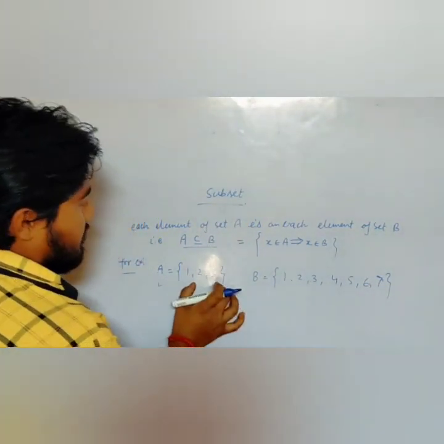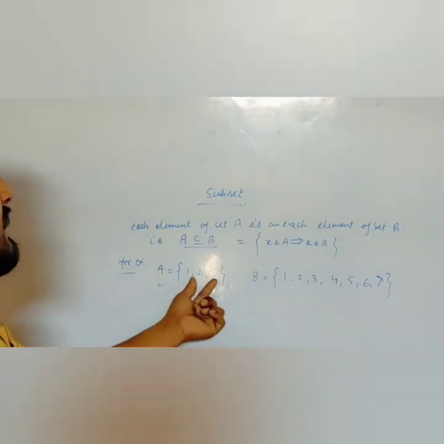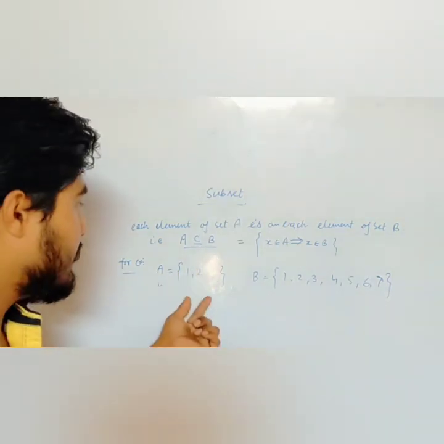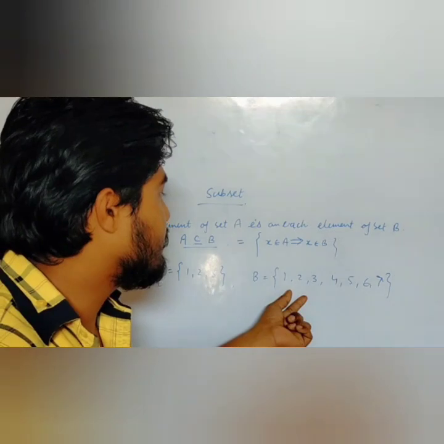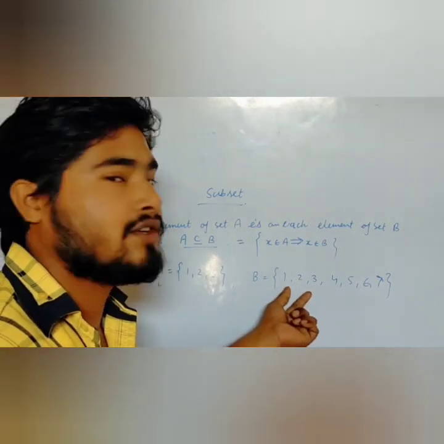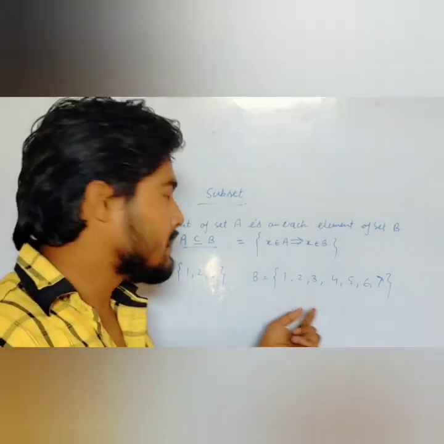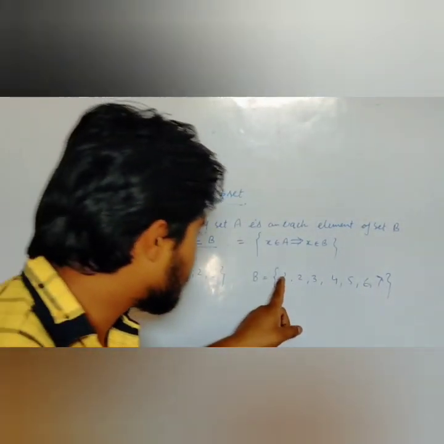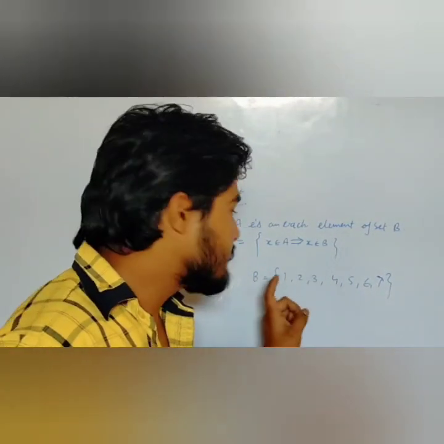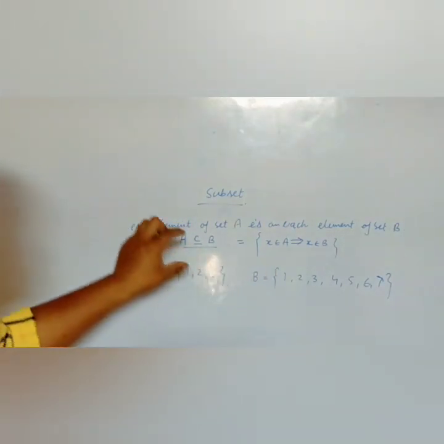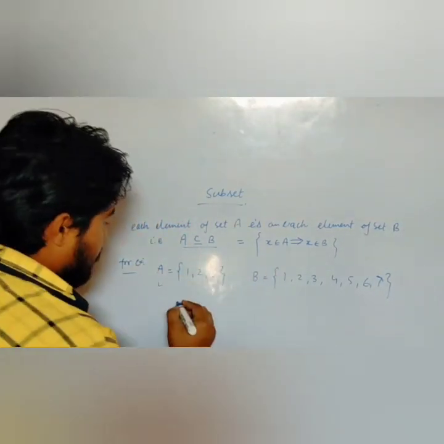Each element of set A is an element of set B. So 1, 2, 3 is coming in the set of B. So A is the subset of B.